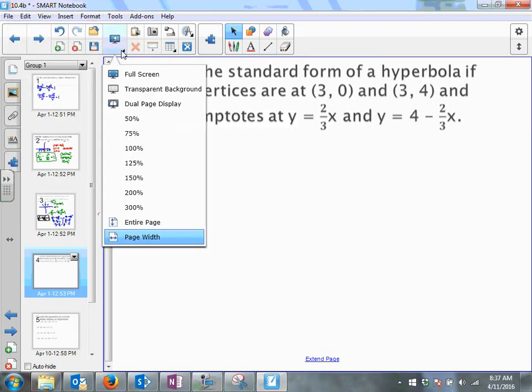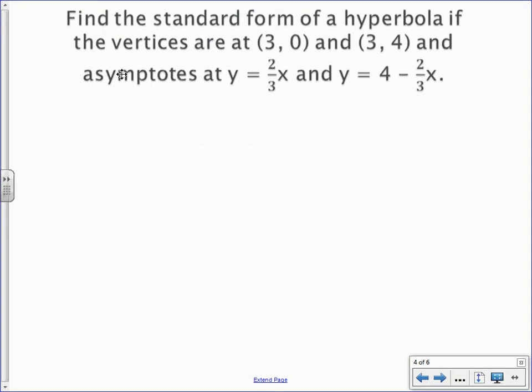All right, let's come together. I'm seeing some really good stuff. Here are our vertices, right? And then y equals 2/3 x. Is this right?